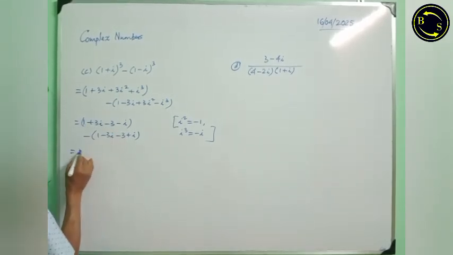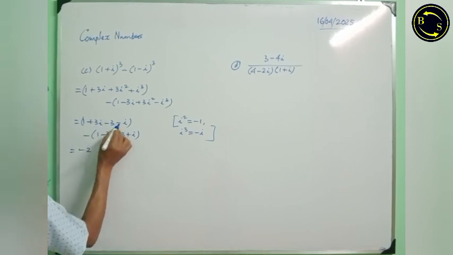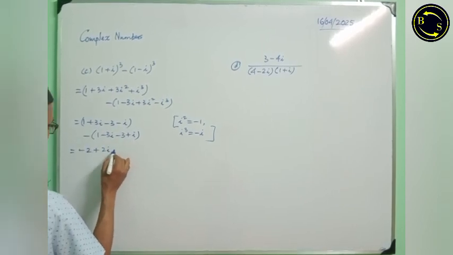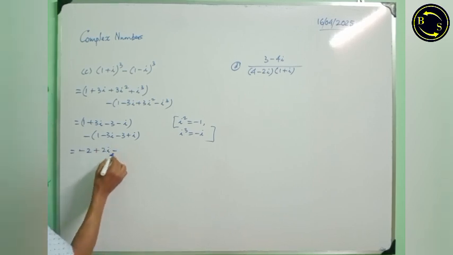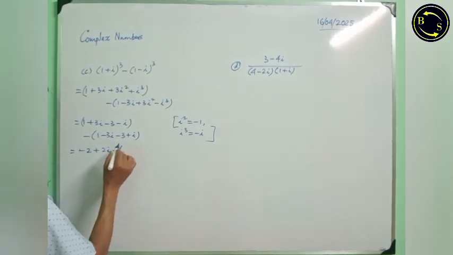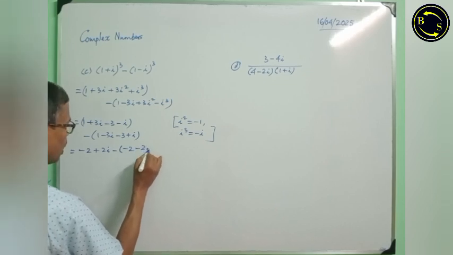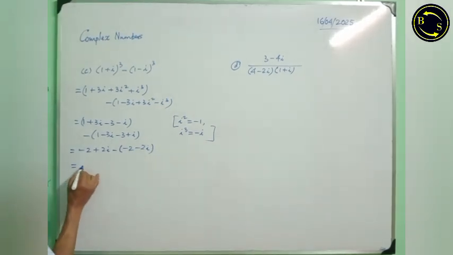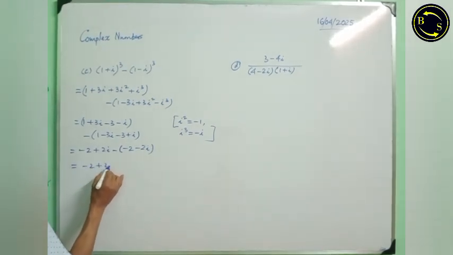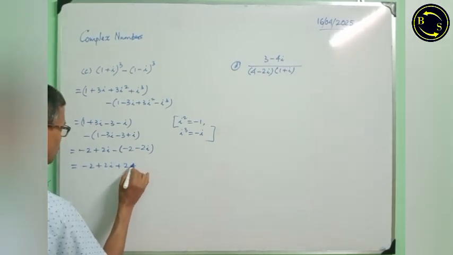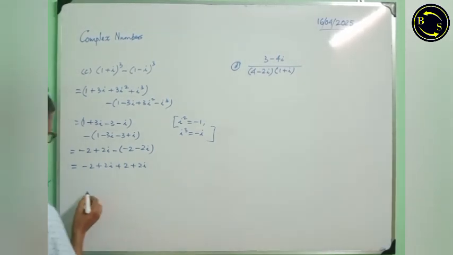1 minus 3, that means minus 2, 3i minus i, 2i, minus, I keep the brackets, minus 2 minus 2i, minus 2 plus 2i, plus 2 plus 2i.